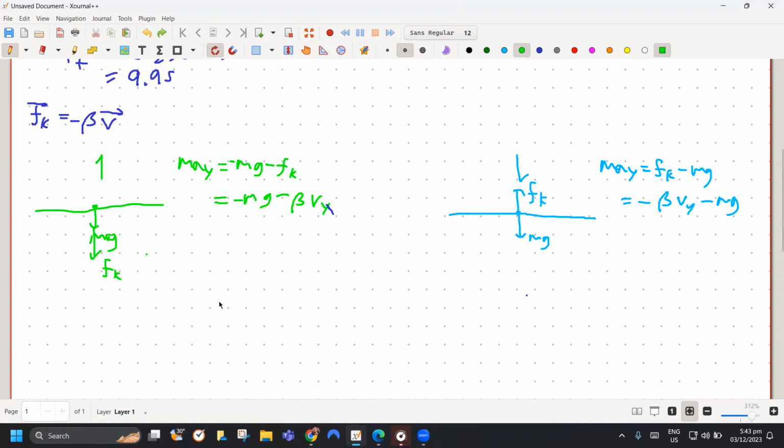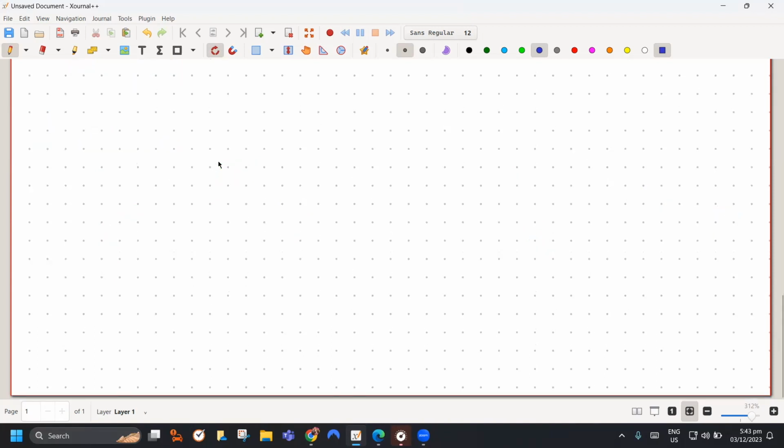So, yung vector equation is MA vector equals negative beta V vector, plus MG, may vector sign sa G. Okay, in component form, ano yan?